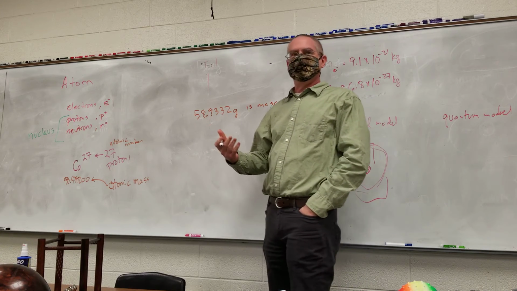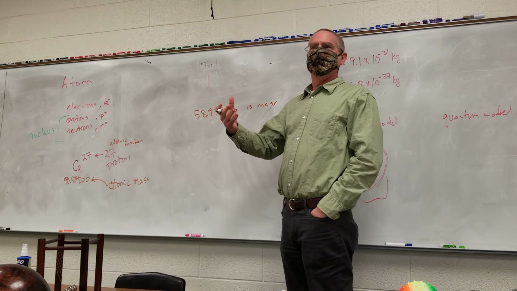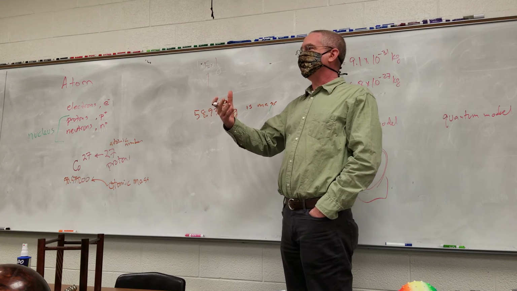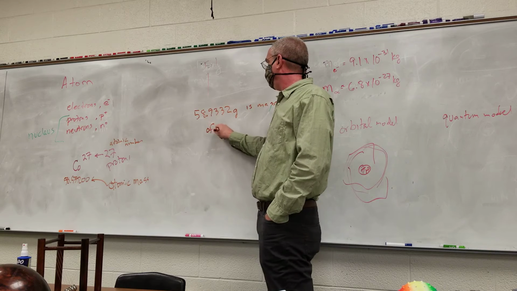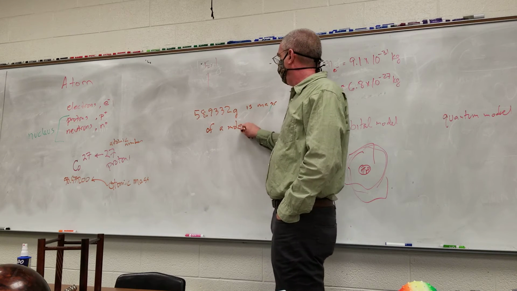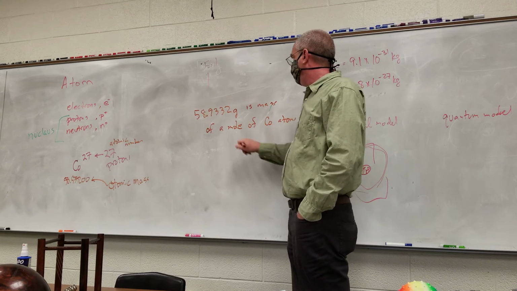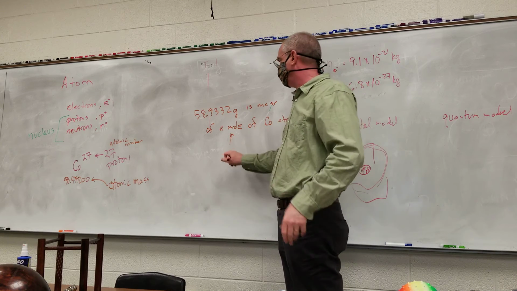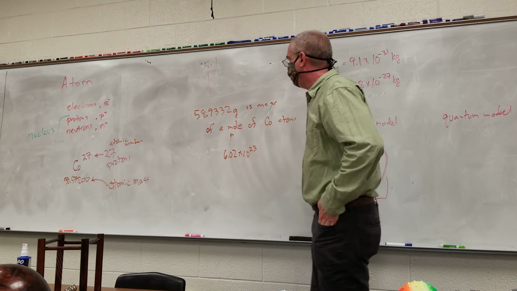Who has had chemistry before? Remember the word mole? Avogadro's number. That's the one. So it's the mass of a mole of cobalt atoms. And a mole is just like a dozen is 12. A mole is 6.02 times 10 to the 23rd.